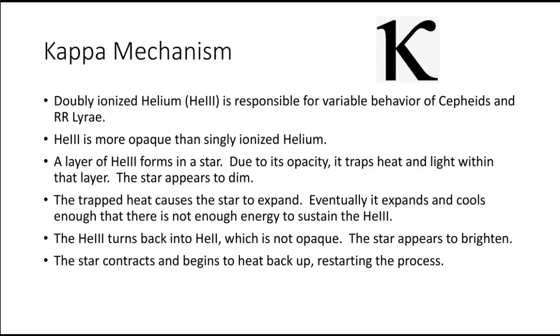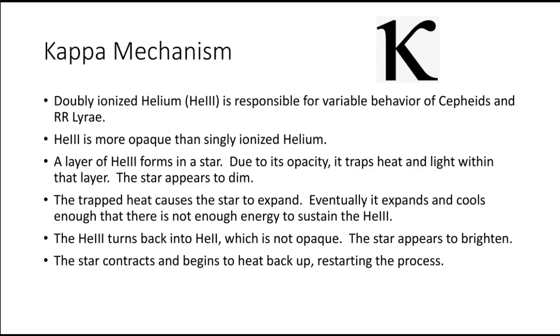And the way that these stars have this brightness variation is called the kappa mechanism. The chemical responsible for this is doubly ionized helium. So regular helium is going to have a neutral charge, and it has 2 electrons. If we knock off both of those electrons, then we have doubly ionized helium.